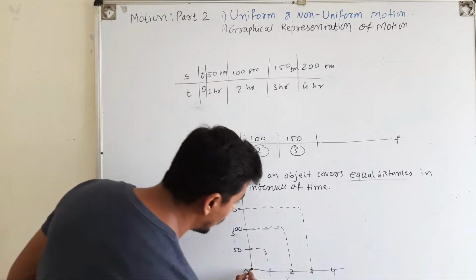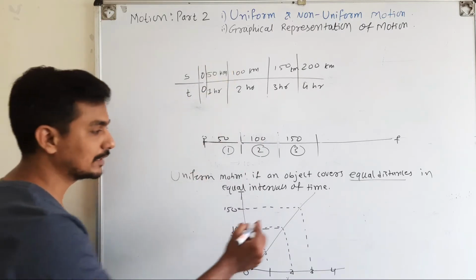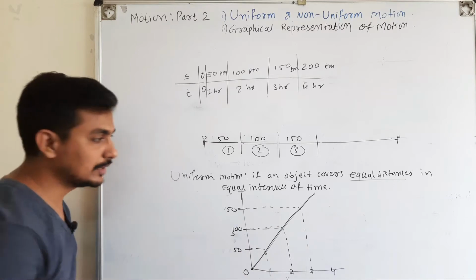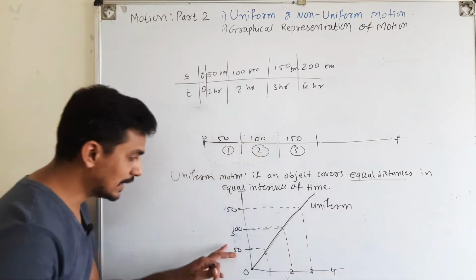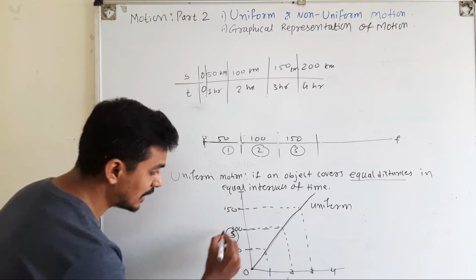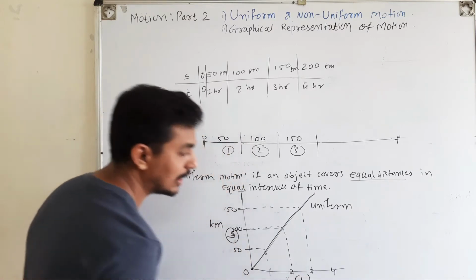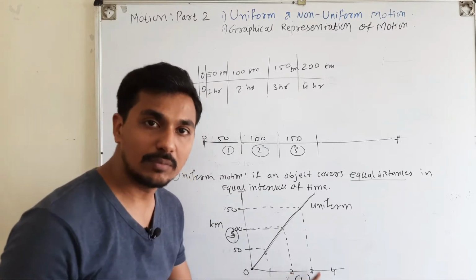Now if you join all these points, you will get a straight line, like this. This line represents uniform motion, and this graph is a distance-time graph. Here distance is in kilometer and time is in hour. So this is the distance-time graph of uniform motion.